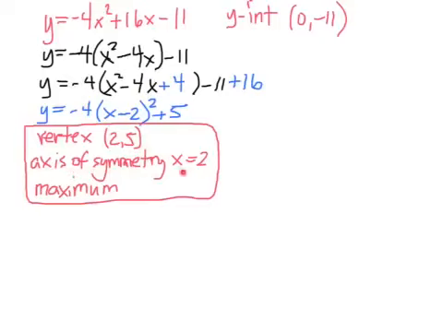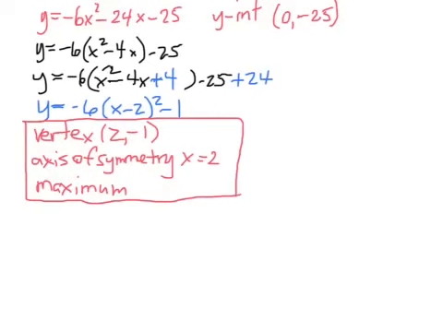The axis of symmetry will run through that point right there. And since a is negative, it means that it opens down, and the vertex is a maximum. It's the highest point on the graph.